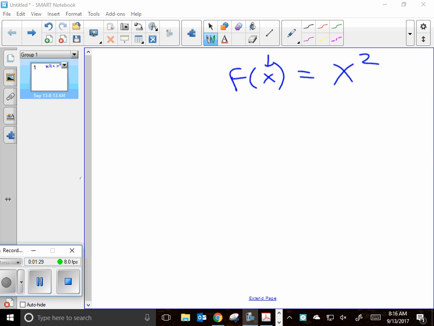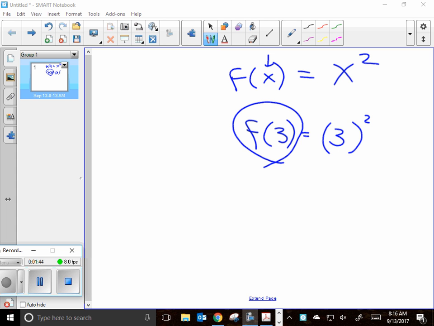On the other side. And so it's just 3 squared. And yes, you can write f of 3. But then some people start thinking that you got to solve for f or something. No. This is just saying I stuck a 3 in the function. That's all that's saying. And over here's the actual answer, which was 9.